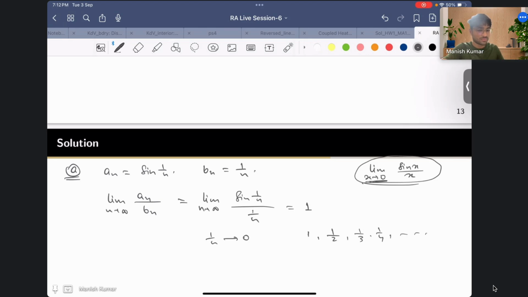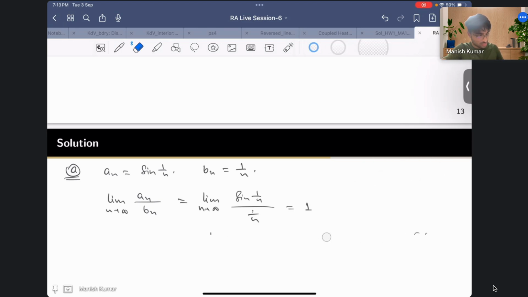But this limit will be 1. To prove this you can use the epsilon definition. It should not be difficult to prove this. Or you can use some bound, I guess.